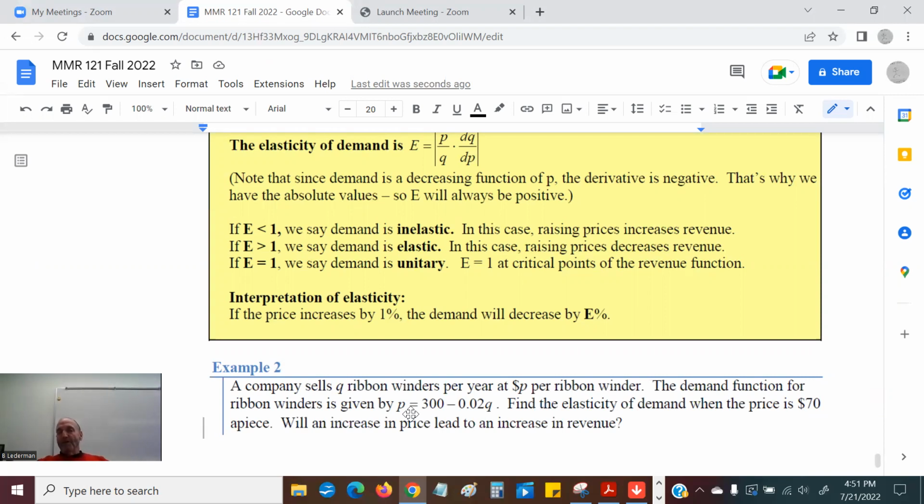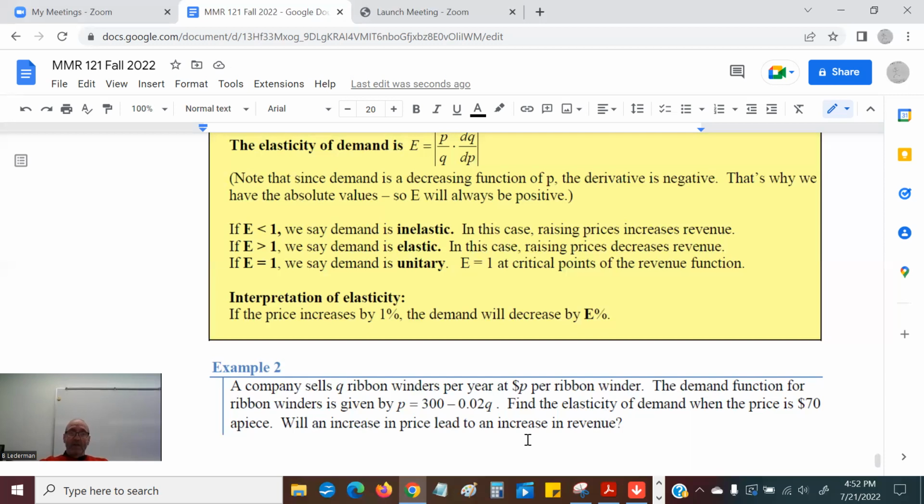The demand function for the ribbon winders is P equals 300 minus 0.02Q. We want to find the elasticity of demand when the price is $70 apiece, and we want to know, will an increase in price lead to an increase in revenue? The elasticity of demand is going to help give us that answer.